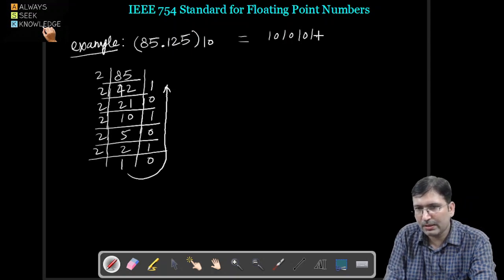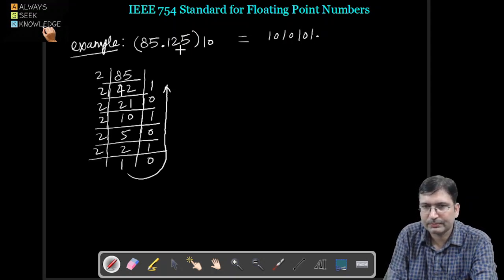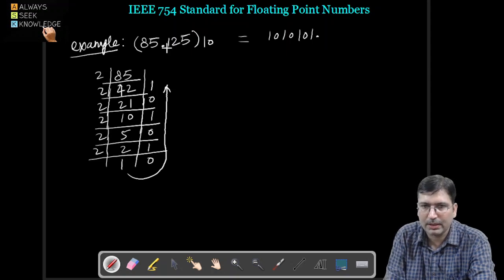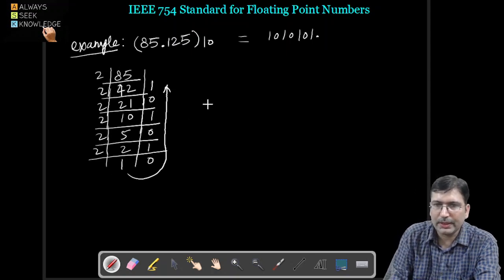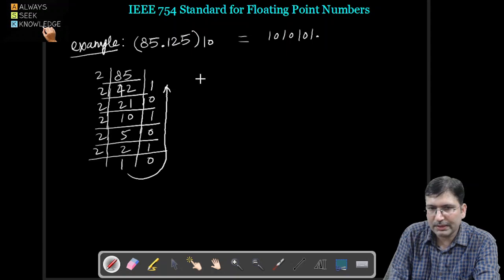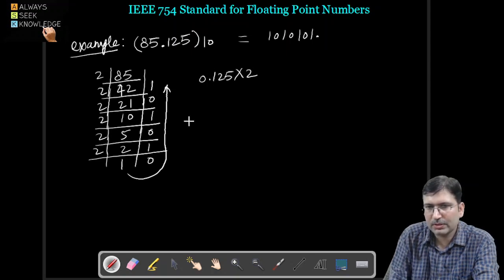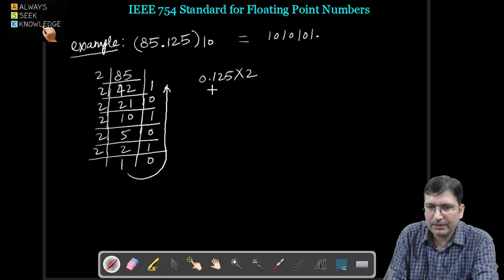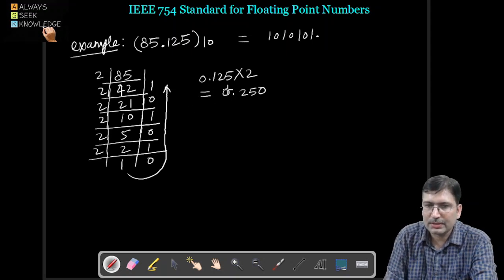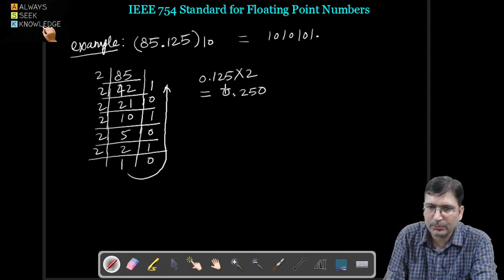Now what about the part after this decimal point? To write the number after this, we need to start multiplying by 2. When we multiply, we will get 0.250. That means before the decimal point we still have 0, so we will get 0 here.